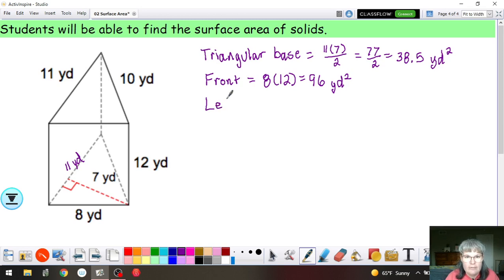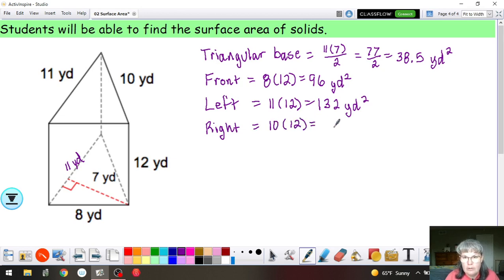On the left, we have 11 by 12, which is 132 square yards. And then the rectangle on the right is 10 by 12, or 120 square yards.